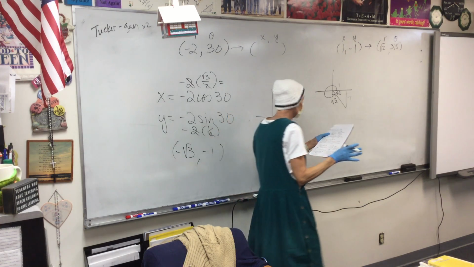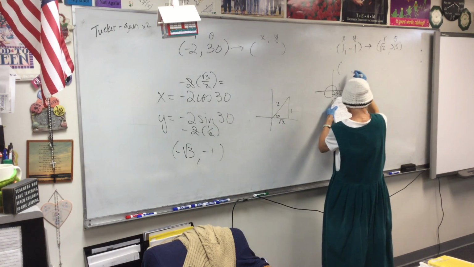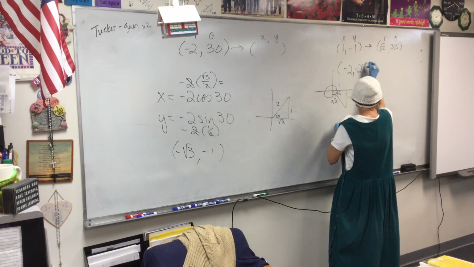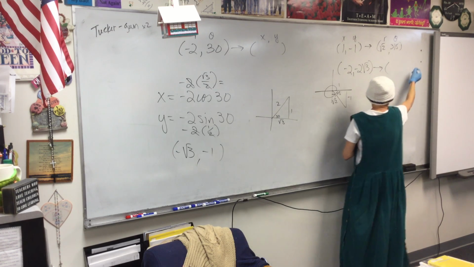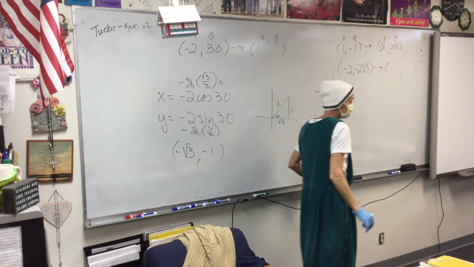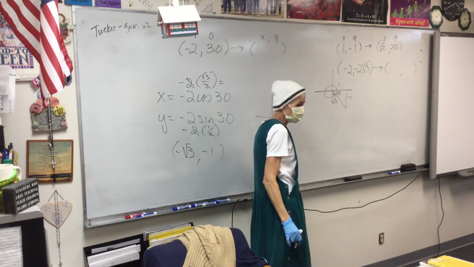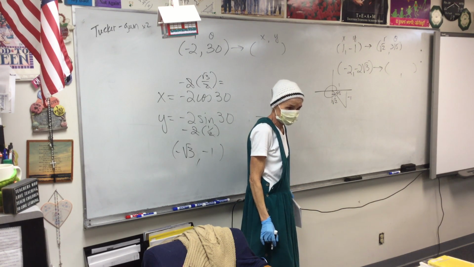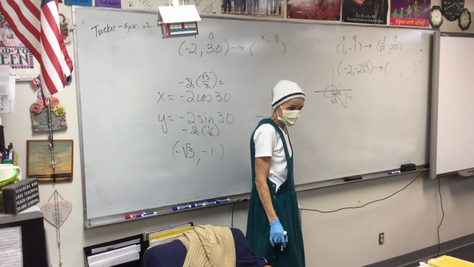Do it again with the ordered pair negative 2, negative 2 root 3. So what do we do? Same thing we just did. It's the same problem. Draw a picture.